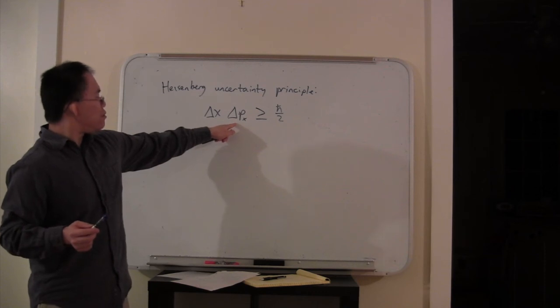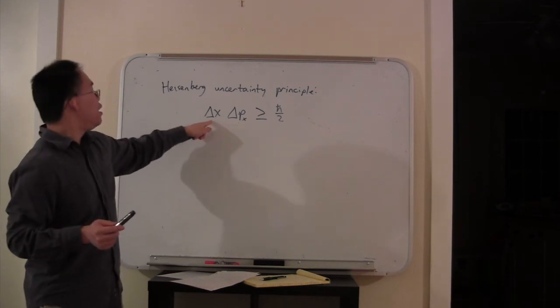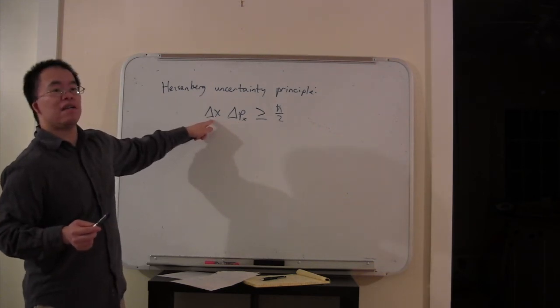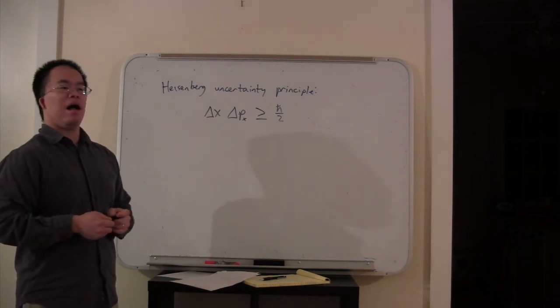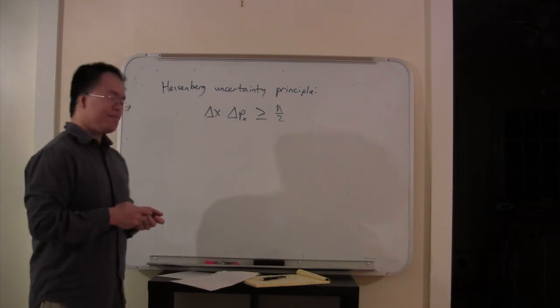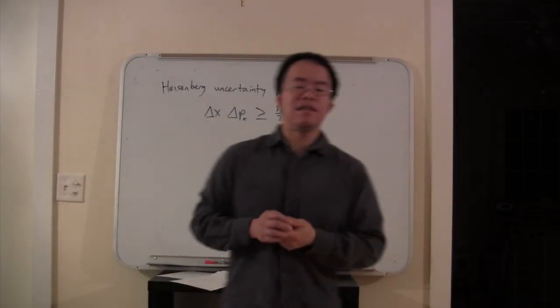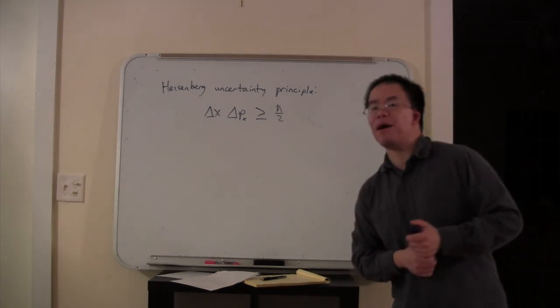But we have yet to understand how to rigorously calculate delta px from the wave function, the way we know how to calculate delta x. So we'll have to talk about that next time. But we've today introduced some ideas, and let's do the clicker question and then I'll sum up.